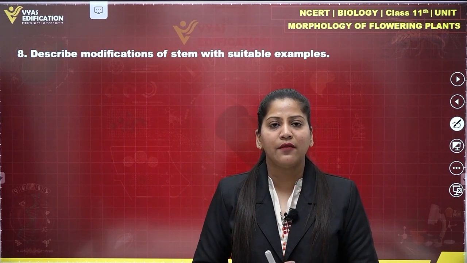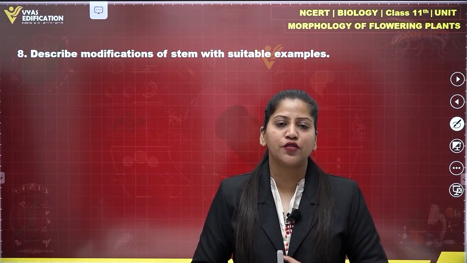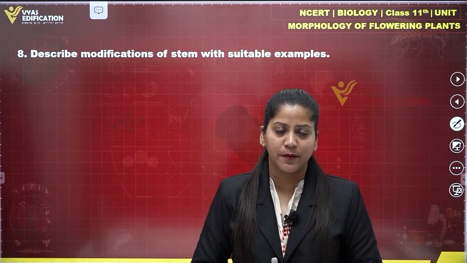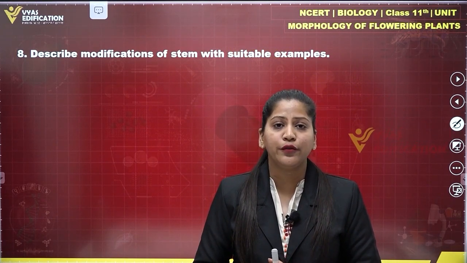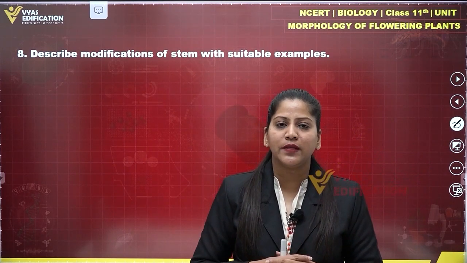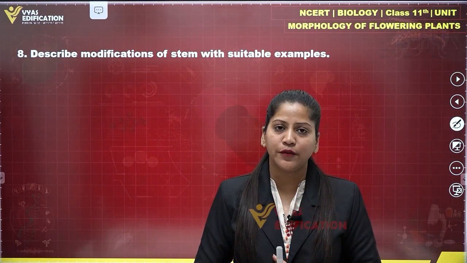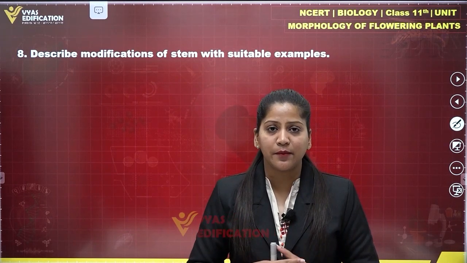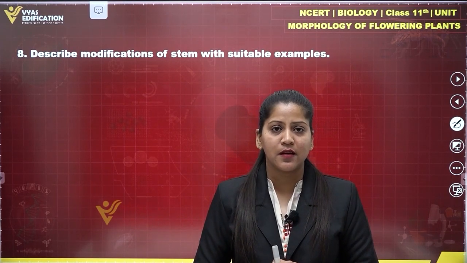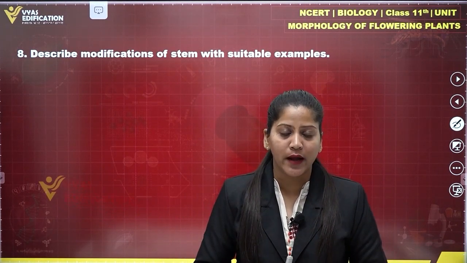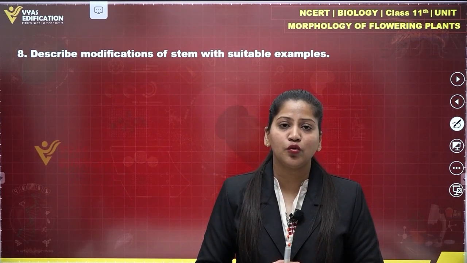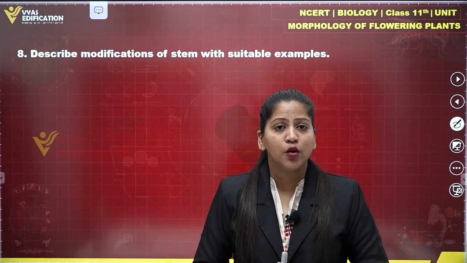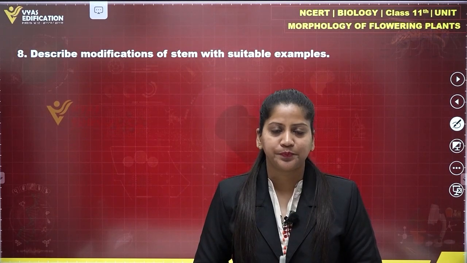Then the last we have is some other modifications in stems, such as runners and offsets. You are familiar with these two terms. The underground stems in some plants like grasses spread beneath the soil and give rise to new plants, known as runners.